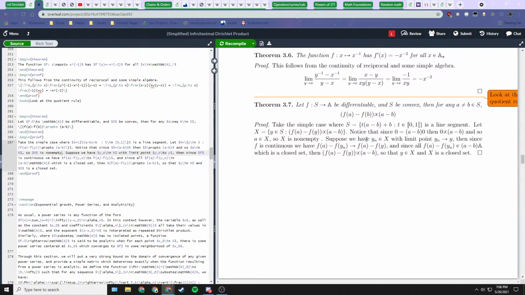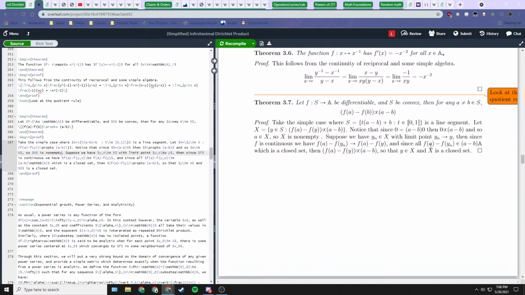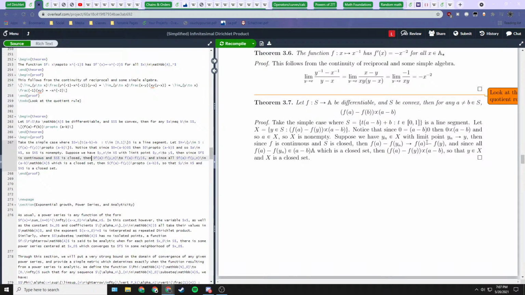From this, if we have a sequence in X tending to a point, some limit point of X, since f is continuous and S is closed, f of a minus f of y sub n limits to f of a minus f of y.